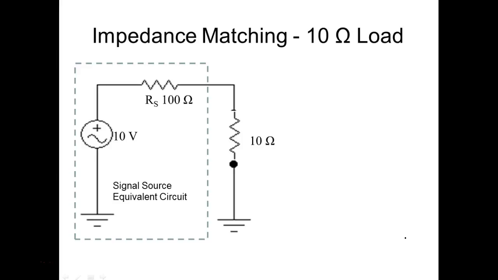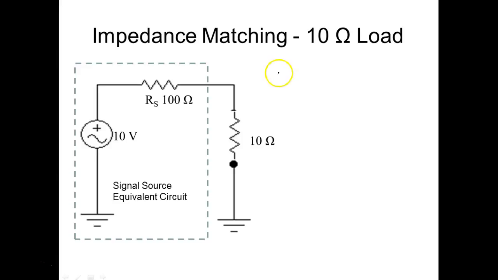Ohm's law says I would take 10 volts and divide it by 110 ohms. That would give me my current. I would take that current and then calculate the power in the load. We have another formula that we call the voltage divider formula, where you can calculate voltage drops without calculating current.